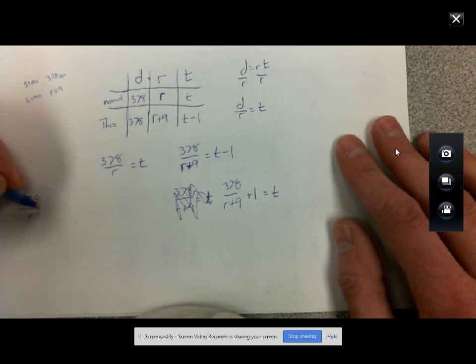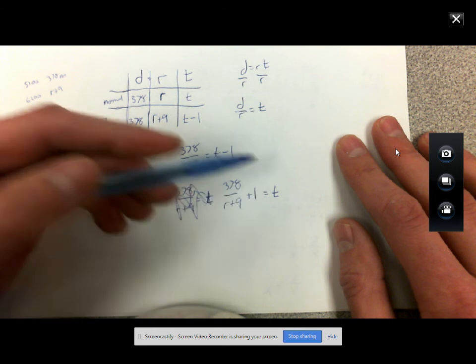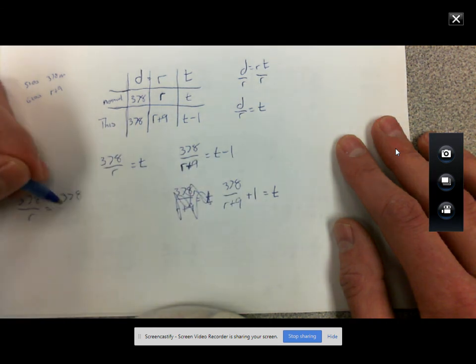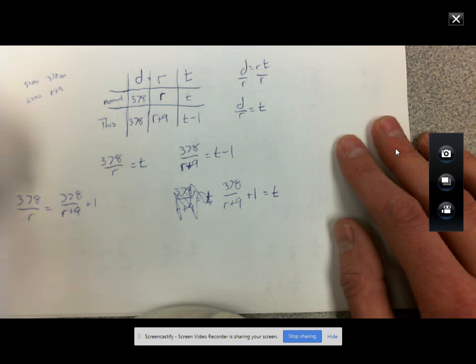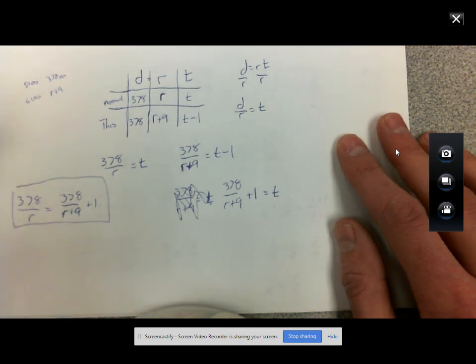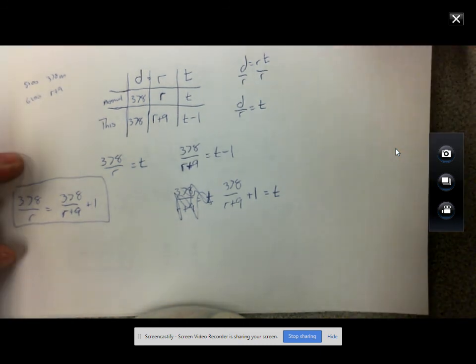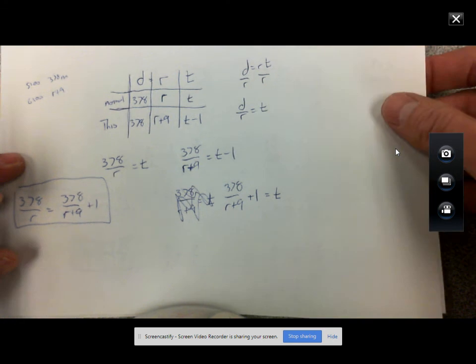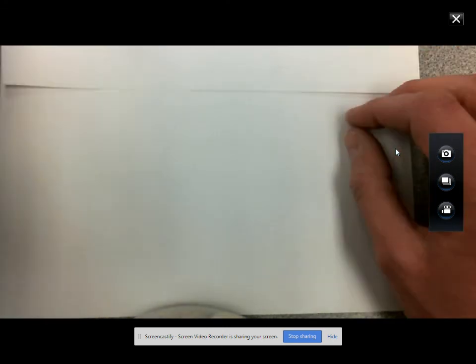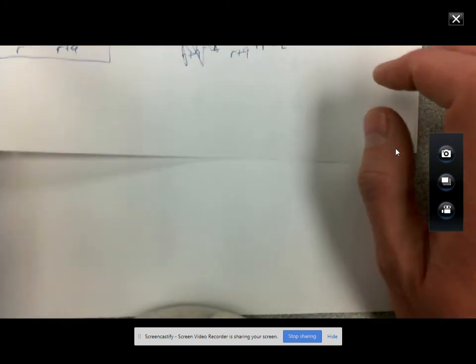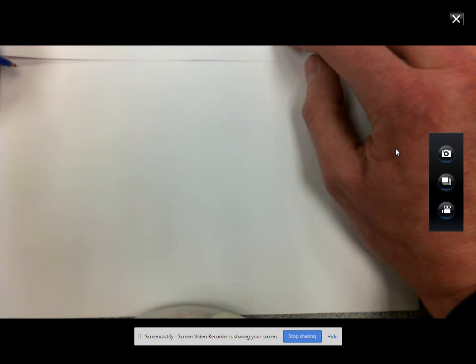But what I'm doing is I'm taking this equation equals t. I'm saying since this equation also equals t, I'm going to set them equal to each other. I'm going to take that and move over to a different piece of paper here. So again, I'm taking that same equation. I'm going to write it right up here.